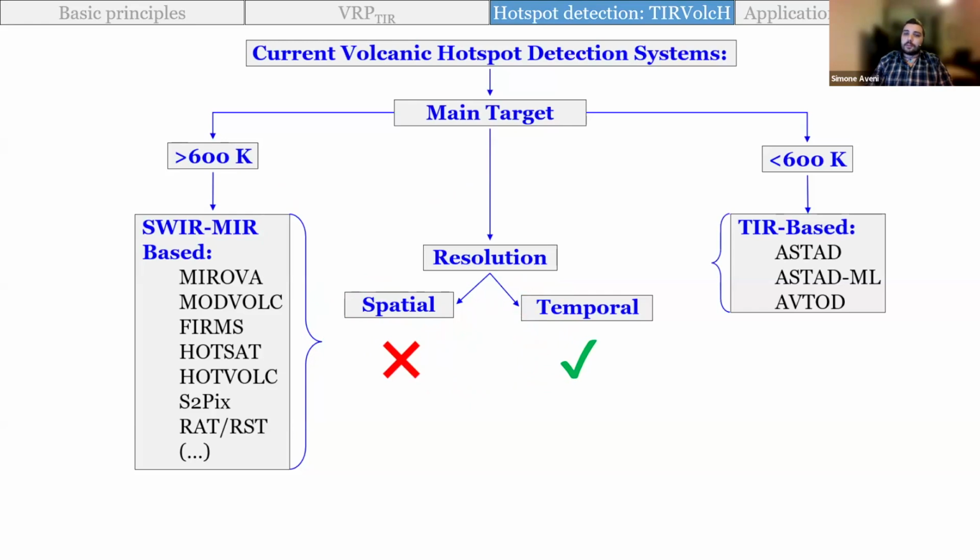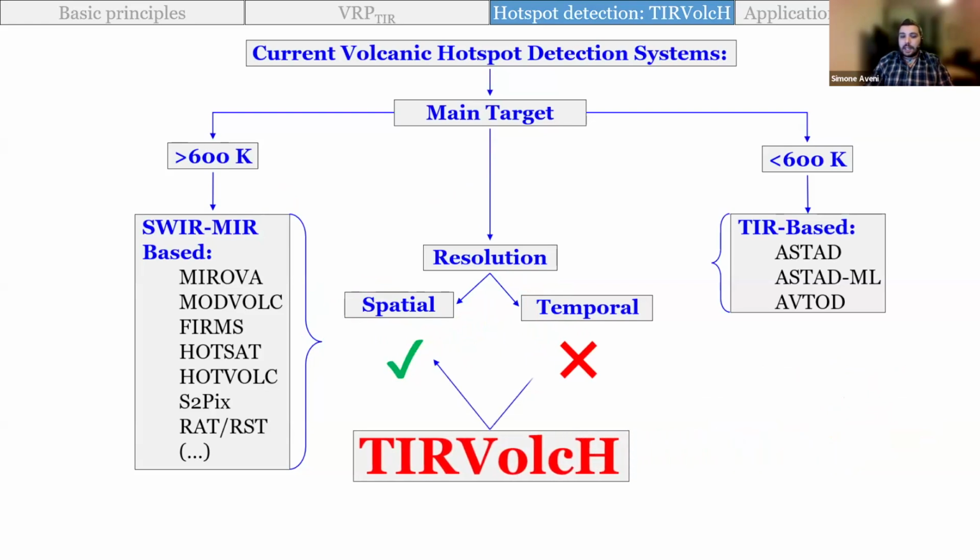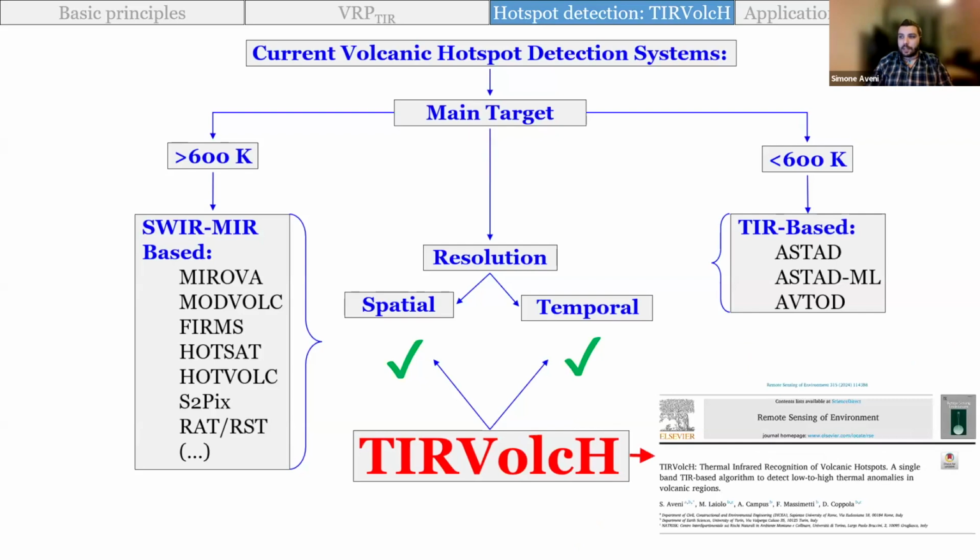When it comes to thermal infrared, because we want to detect subtle thermal anomalies, we have a high spatial resolution but a low temporal one. So what TierVolk aims to bring is the highest trade-off currently available with open source platforms, providing a relatively high spatial resolution with a relatively high temporal resolution.